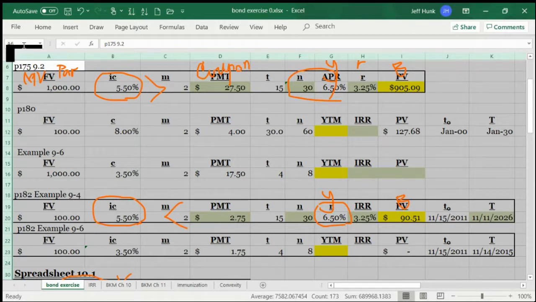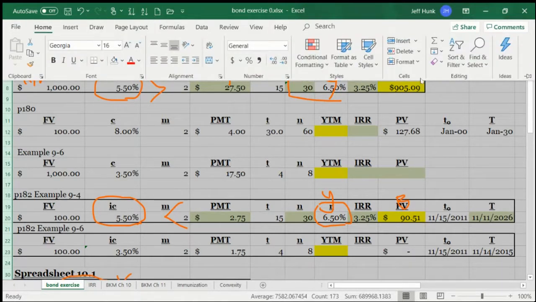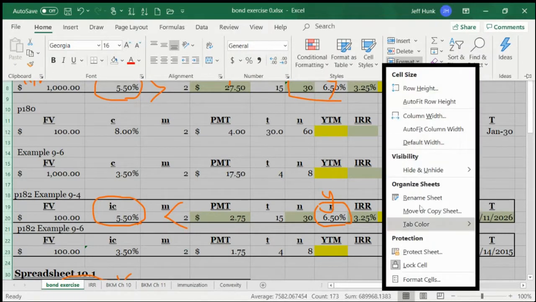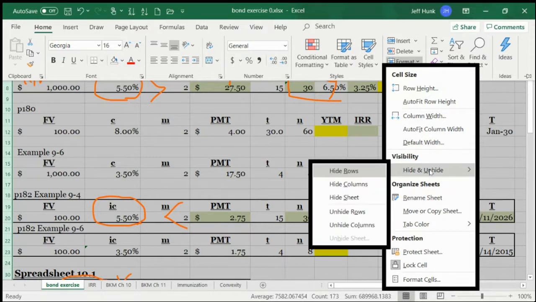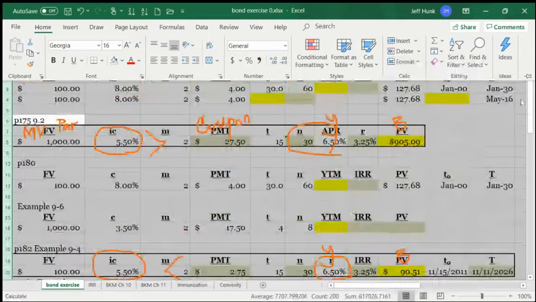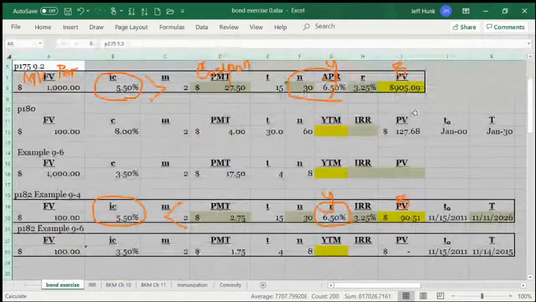Northwest corner. And then whatever operation you perform, it applies to the entire spreadsheet. So I will unhide rows. Okay, there you go.